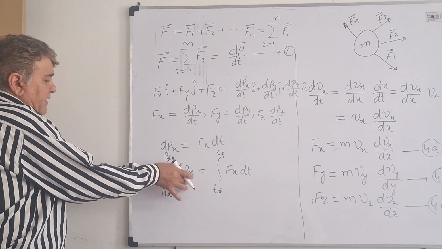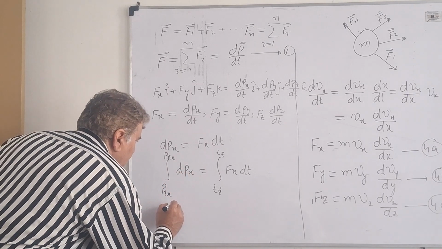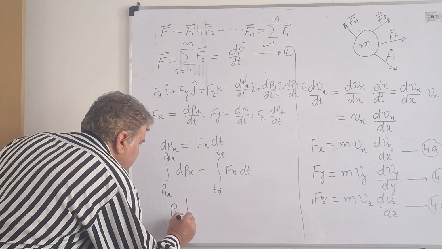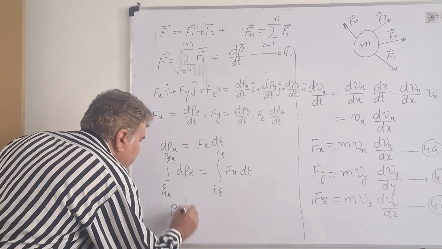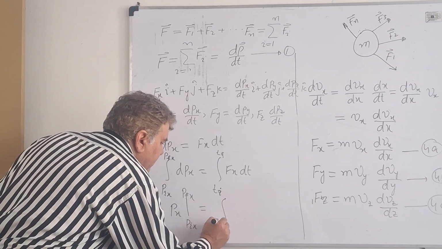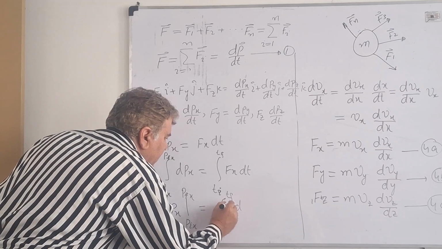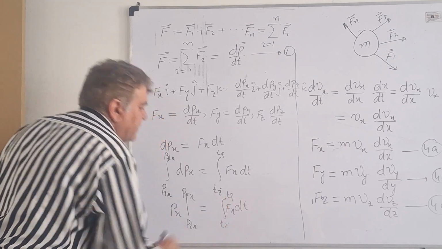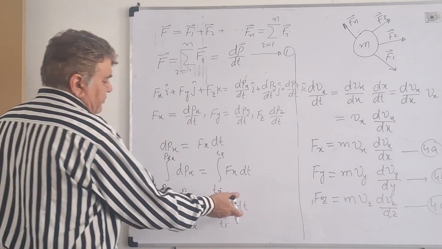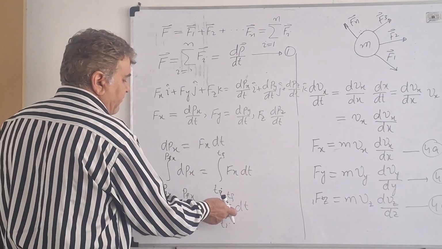I can formally integrate this to get p sub x from pix to pfx equals the integral from ti to tf of Fx dt. Now, I cannot integrate this side so far as I'm not sure about the exact form of the force.